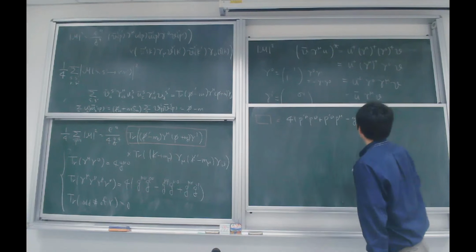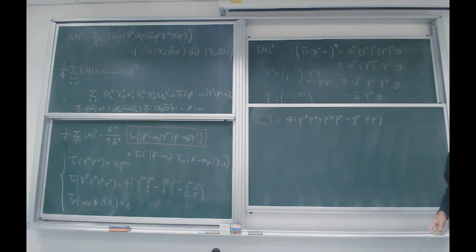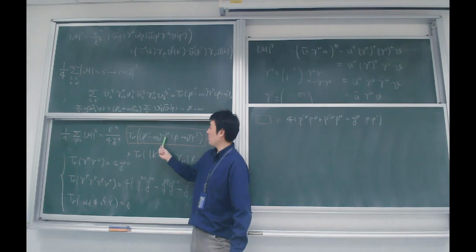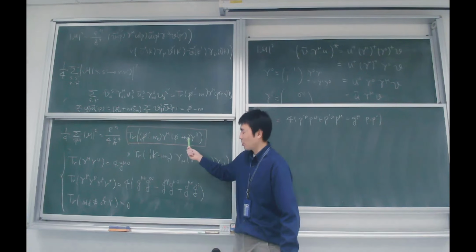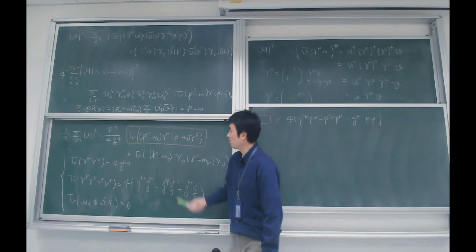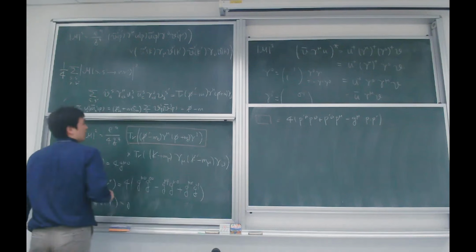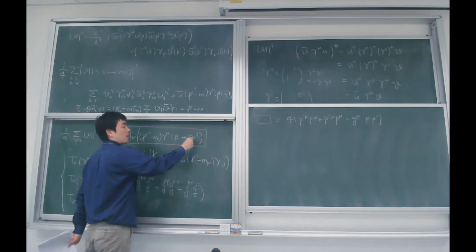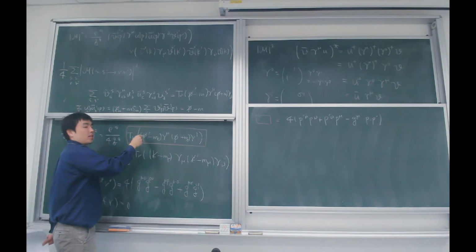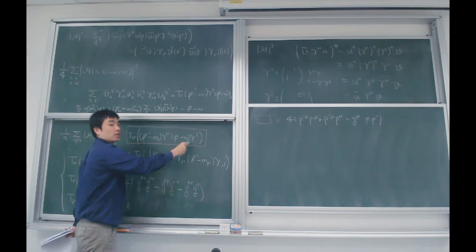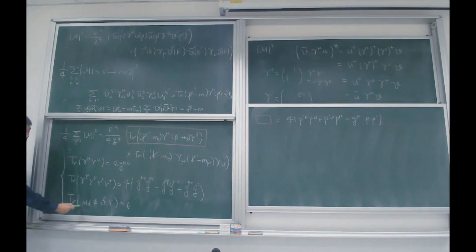That's what we have. If you look at the cross term, p prime slash gamma mu, m, gamma nu, only three gamma matrices are involved, so it becomes 0. An odd number of gammas is 0.